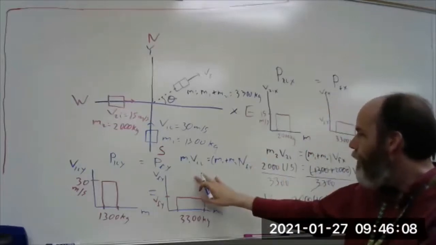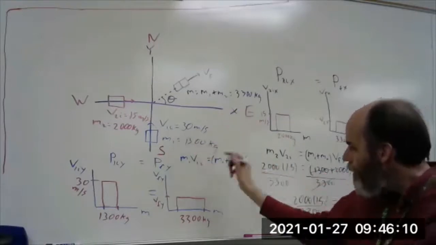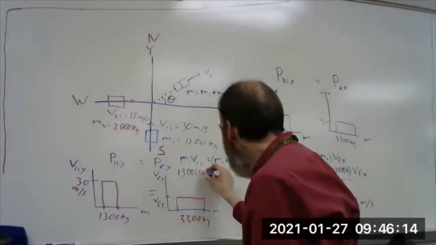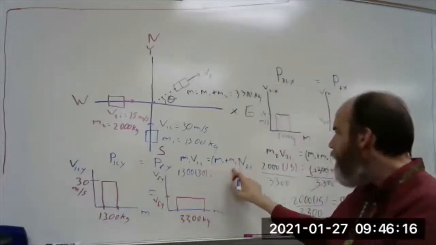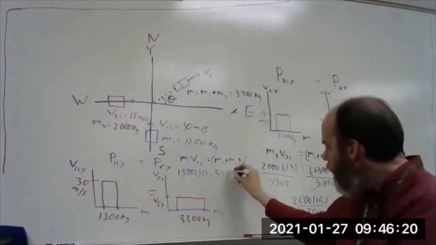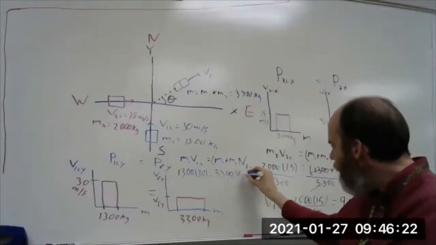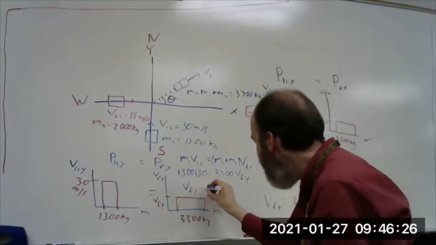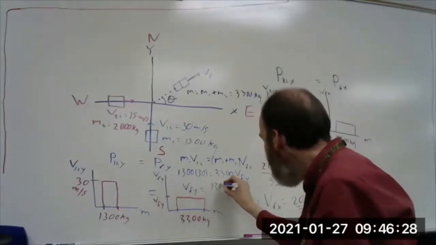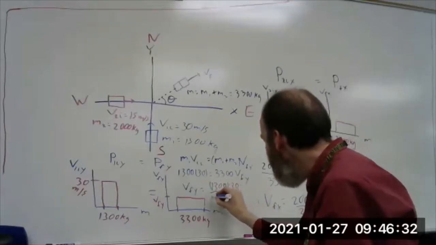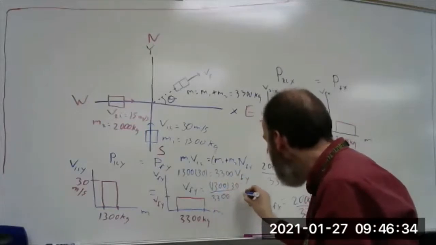Then we put in our numbers. So we have 1,300 times 30. M1 plus M2 is 3,300. This equals 3,300 times V final y. So V final y is 1,300 times 30 over 3,300.